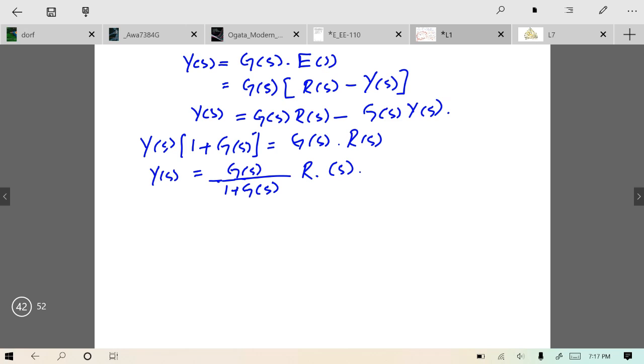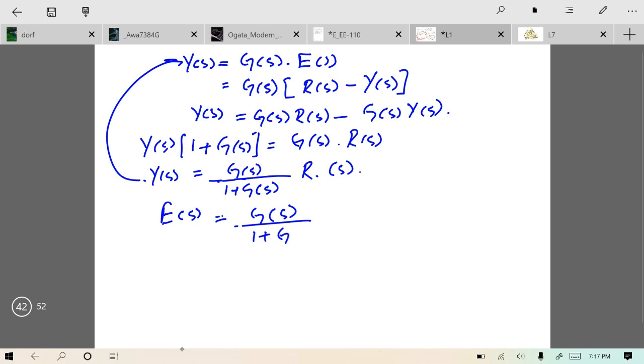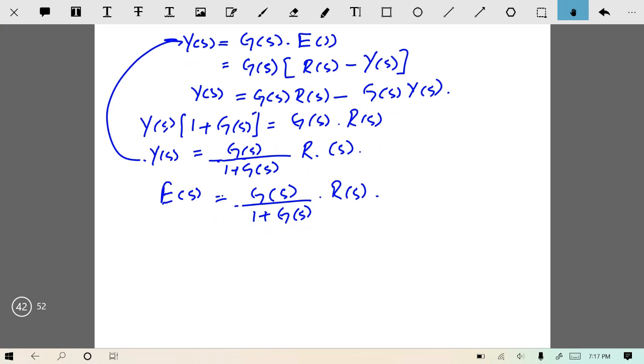So from here, if I put this value of Y of S over here, then I can find the expression for the error signal, which would be G of S over 1 plus G of S into R of S. Sorry, I have to write Y of S over here, so just a second.